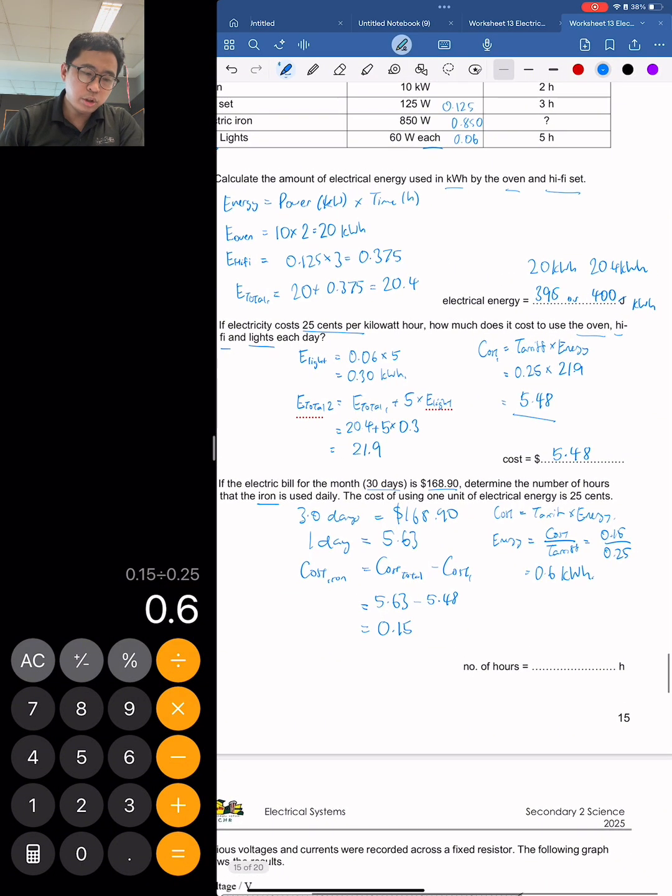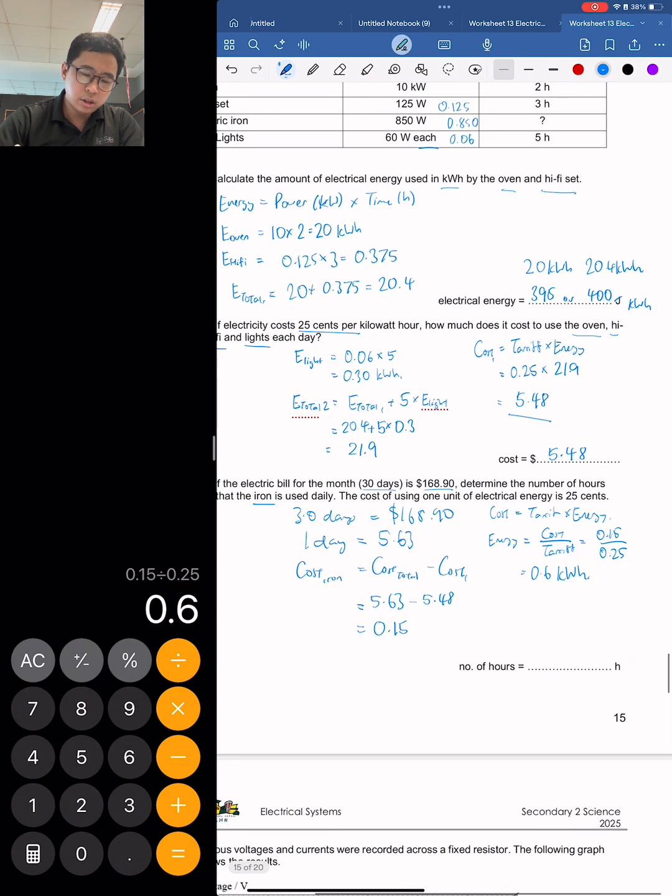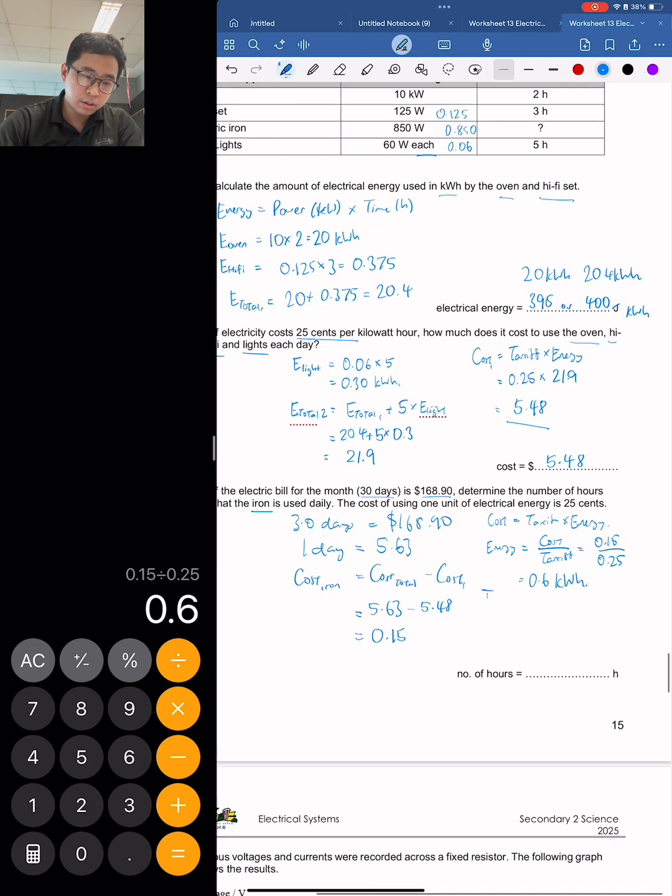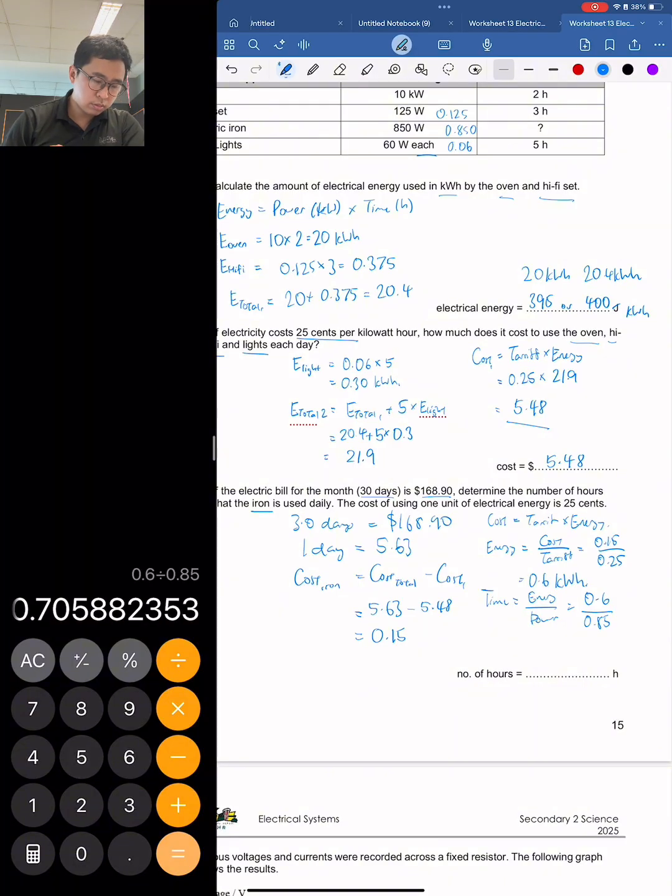Okay, if we know the electrical iron, so now we were looking for the time, which equals energy over power, equals 0.6 divided by 0.85. We have 0.71 hours.